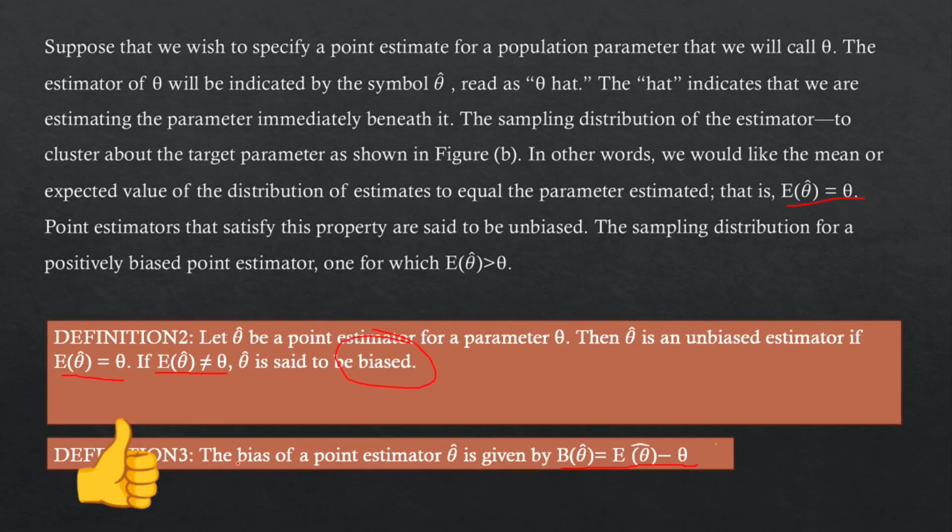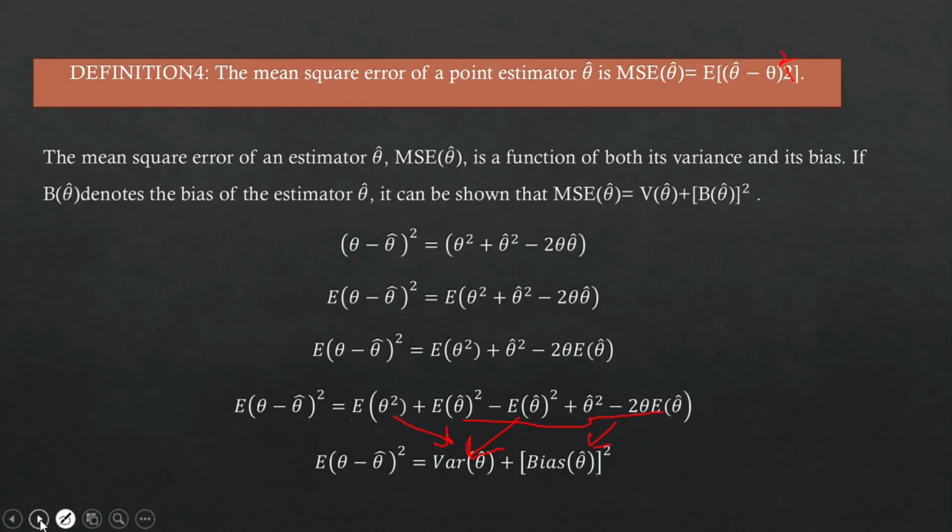Similarly, definition 3 is given as: the bias of a point estimator theta hat is given by bias of theta hat equals expectation of theta hat minus theta. And lastly, definition 4: the mean square error of a point estimator theta hat is MSE of theta hat equals the expectation of the square of theta hat minus theta.